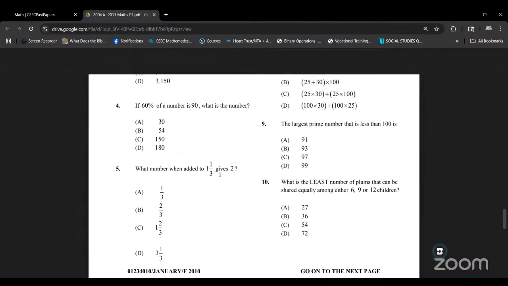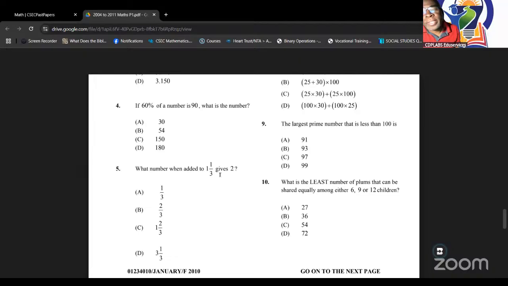What number, when added to 1 whole and a third, gives 2? All right. So let's reason this out. What is your understanding? As a matter of fact, could you reread number 5 in your own words for me, please?